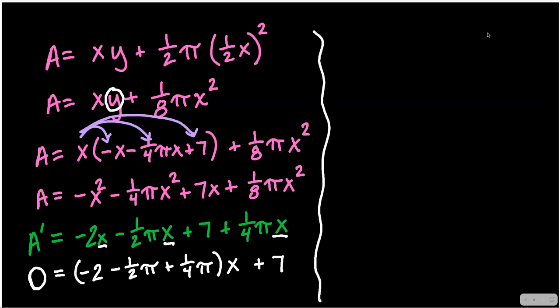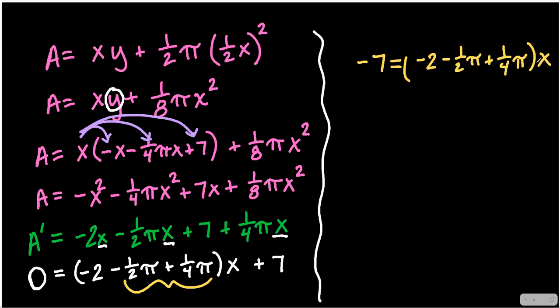All right, so if I move this around a little bit, I'm going to move the 7 to the other side, which now leaves me my negative 2 minus 1/2 pi. And if you want to combine these together, you can. Because I'm using this to solve, I'm just going to leave it for now.